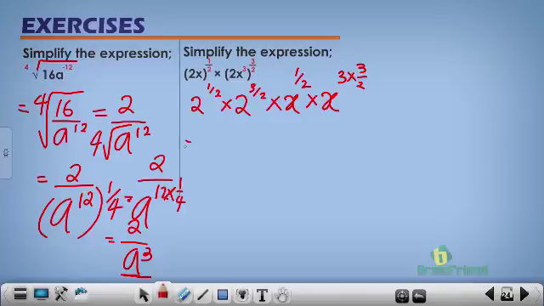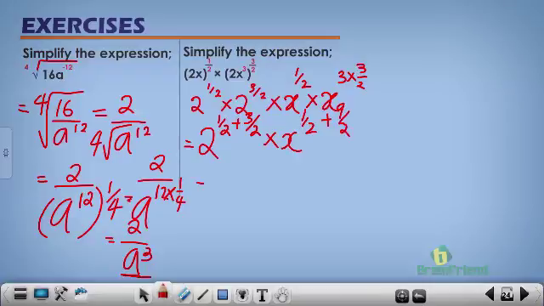If we go on to simplify this, we would have 2 raised to power half plus 3 all over 2 times x raised to power half plus 9 over 2.